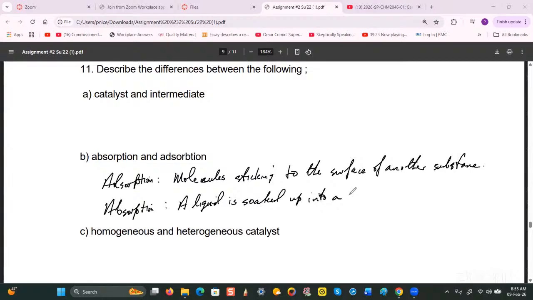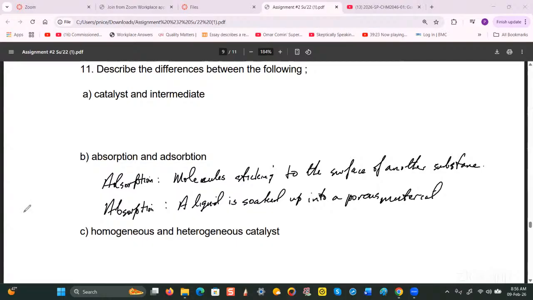And that porous substance could be something like paper or anything that's porous, that has very tiny pores. All right. So that's basically the difference between adsorption and absorption.